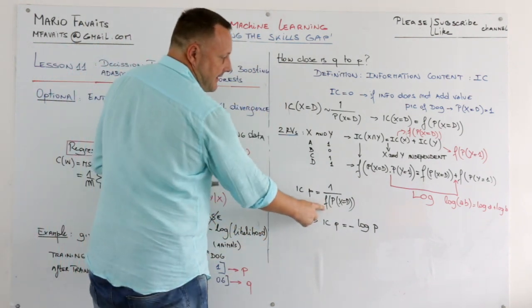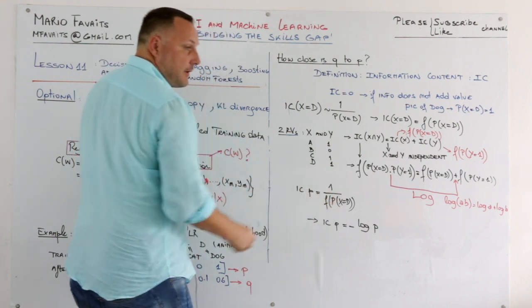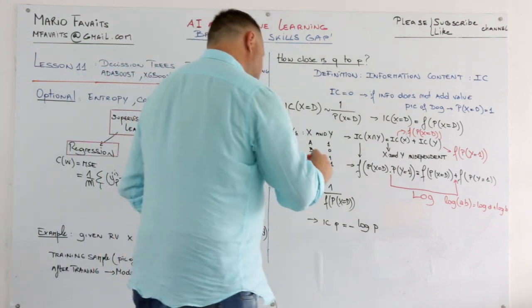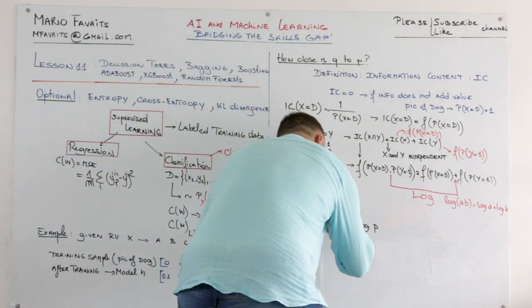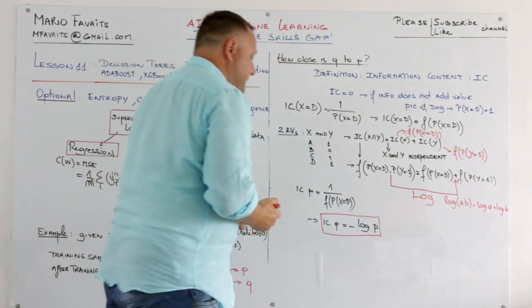I replaced F by the log, and I swapped numerator and denominator. So this is basically our formula for information content.